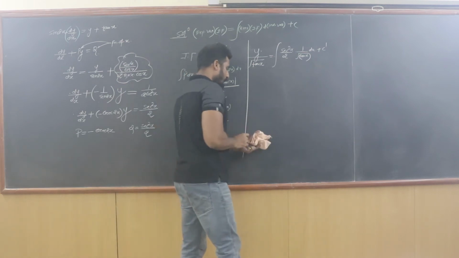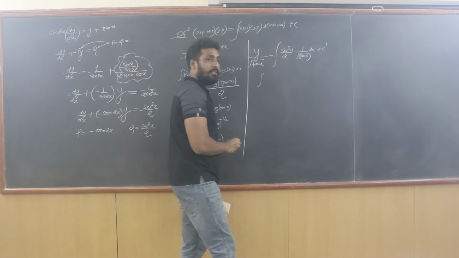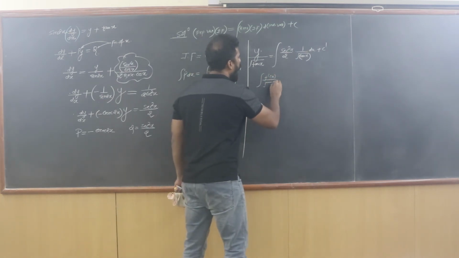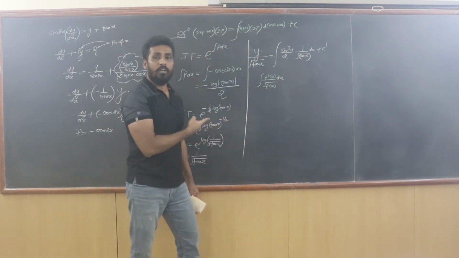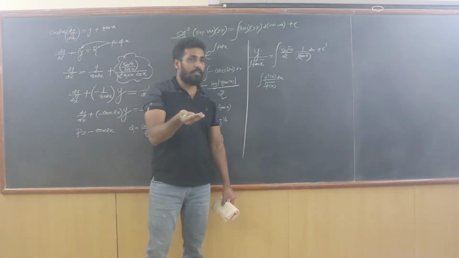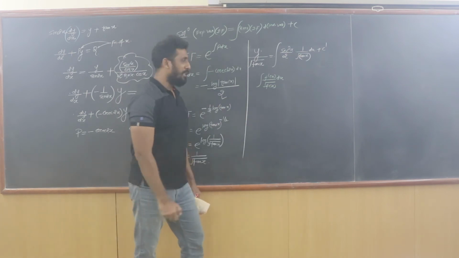So if you remember, there is one corollary in integration that we have learned. It says like this: integration of f1 of x upon root of f of x dx. Now observe the corollary very carefully. What is it telling? f1 of x, which stands for the derivative of the function, upon root of f of x.